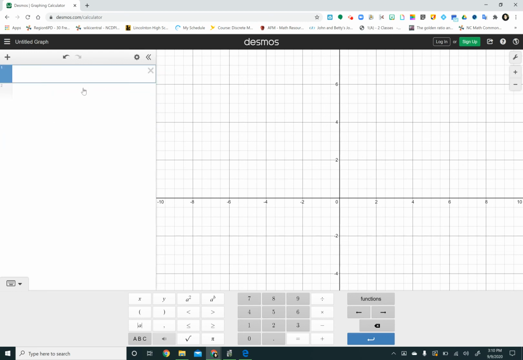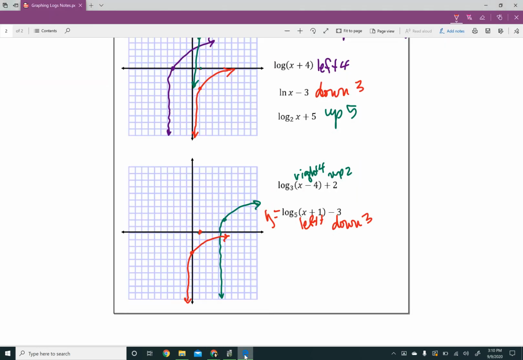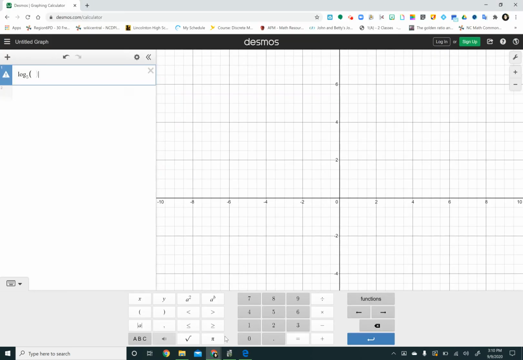If we wanted to see what this graph looked like, we would say log base 5 of, let's do this bottom one here. What was the equation? x plus 1, and then outside minus 3.